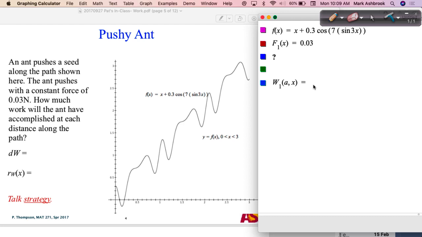So this is going to be the work accomplished by the ant as a function of how much horizontal position the ant has made. So what am I going to need to do to get this function? And I'm going to graph that. We're going to take a look at that. What do I need to do to set that up? Somebody new?